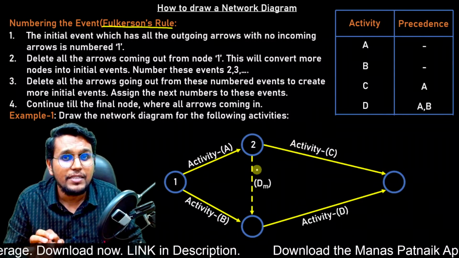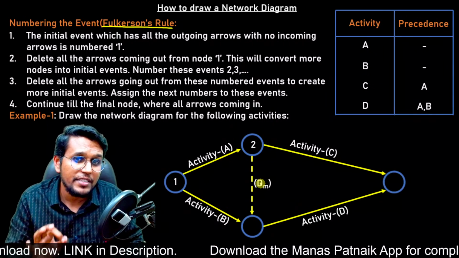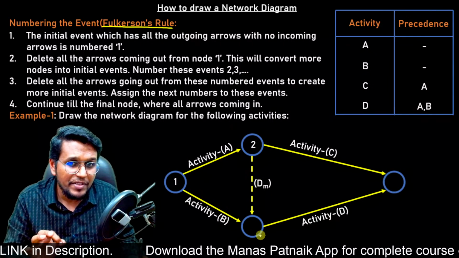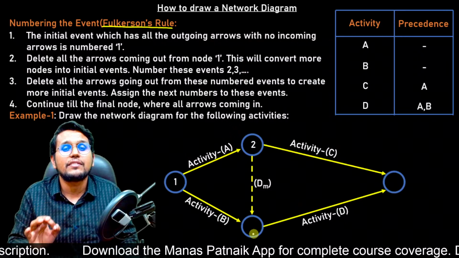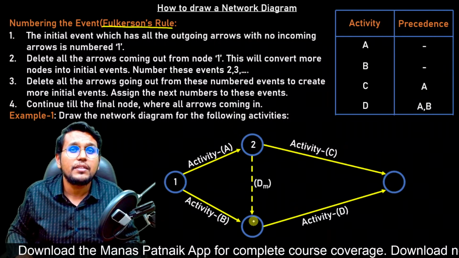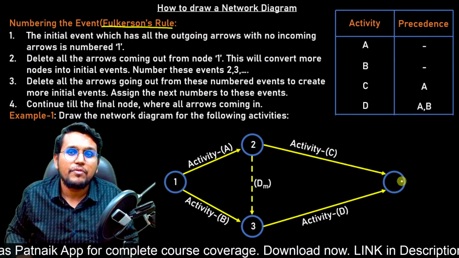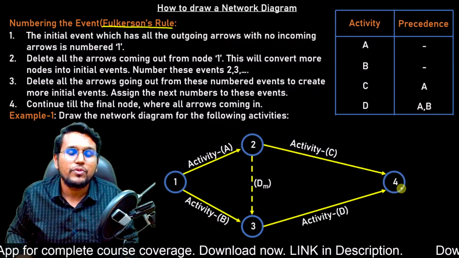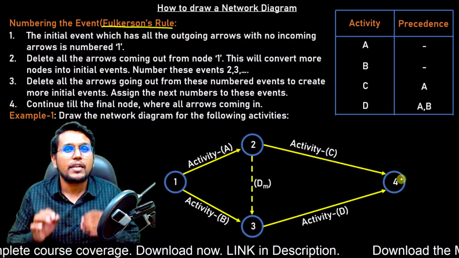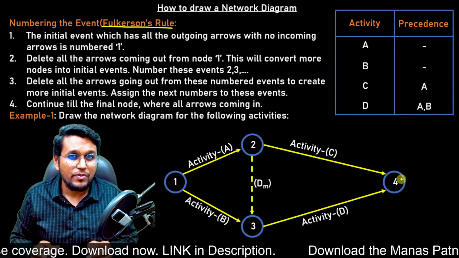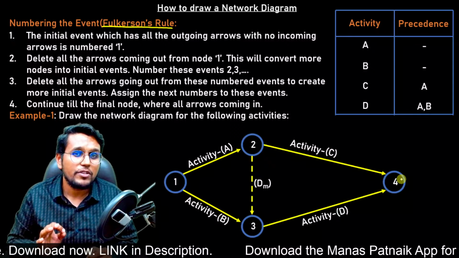So activity C and this dummy activity are deleted. Once this is deleted, we have another initial event, which is this, and let us number this node 3. And finally, we have one node left. This is our final node 4. So here our diagram is completed successfully, and we have numbered the events also.